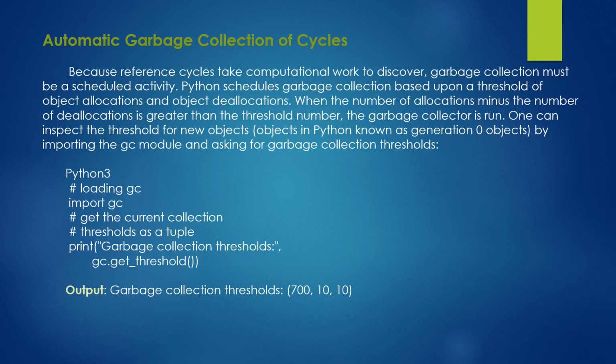Now when coming to the automatic garbage collection of cycles, the reference cycle takes computational work to discover. Garbage collection must be a scheduled activity. Python schedules garbage collection based upon the threshold for object allocation and object deallocation. When the number of allocations minus the number of deallocations is greater than the threshold number, garbage collection is done.